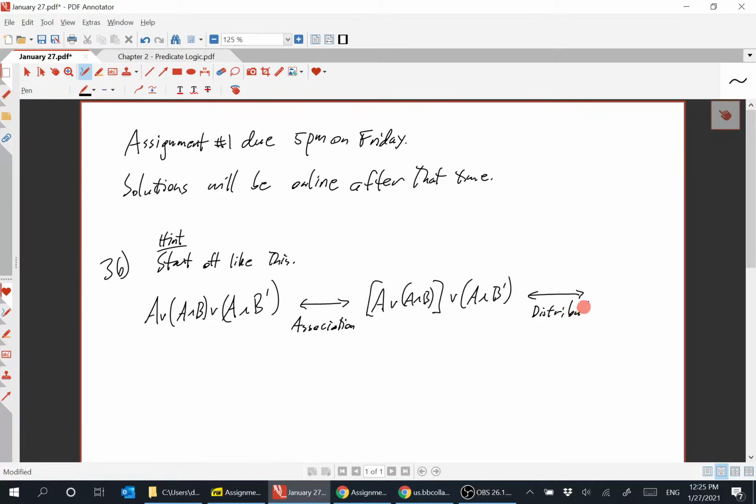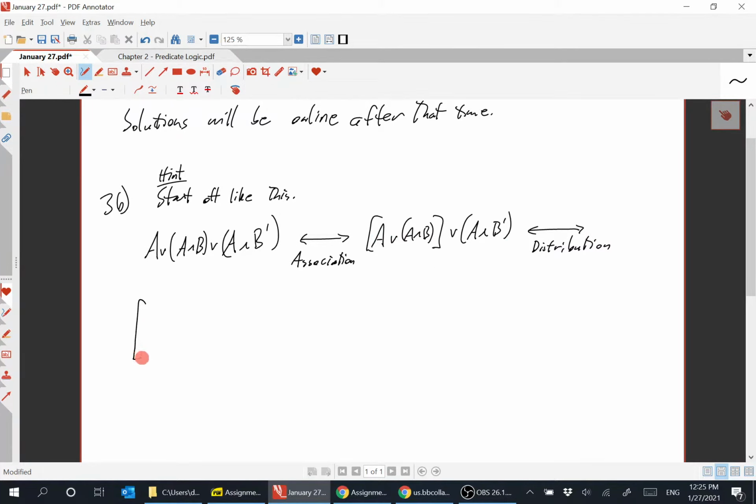So distribution. I'm going to distribute the A or over the A and B. So then that becomes what? A or A and A or B. Right? A or A and A or B, or A and B. Okay, we didn't do anything with that term yet.